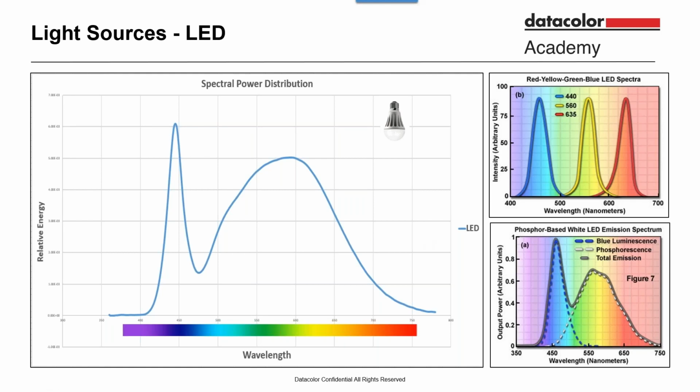Here we have an LED source, and in this example the LED is comprised of 3 LEDs, one at 440, 560, and 635 nanometers. And the final light is produced by what's called the white phosphor method.